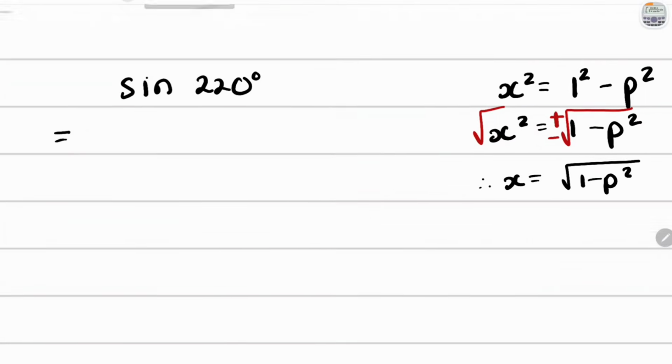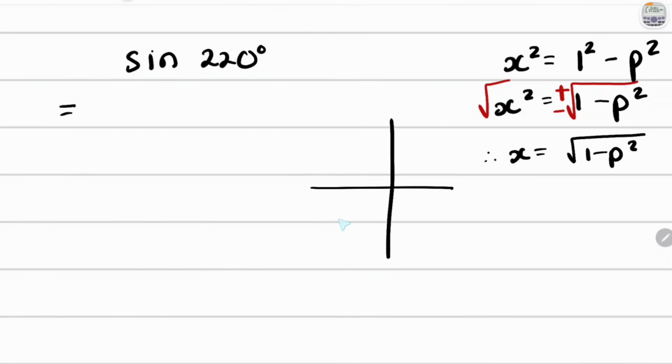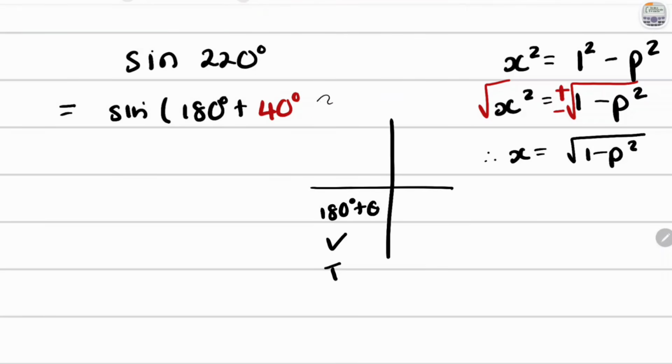Which quadrant does 220 degrees lie in? That would lie in the tan quadrant, the third quadrant, where we have 180 degrees plus theta. So that would be sine of 180 degrees plus what gives you 220 degrees, which is 180 degrees plus 40 degrees. And there's our 40.